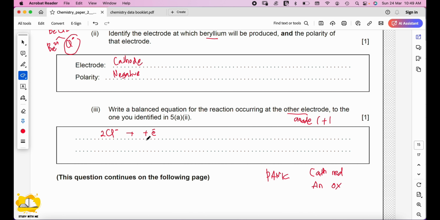Because it's Cl2, to check whether this is correct or not, there are two minus 2 here, so the electron should be 2 right here. Cl2 is a free element, so it's 0. So this -2 and this one also -2, so they are balanced.